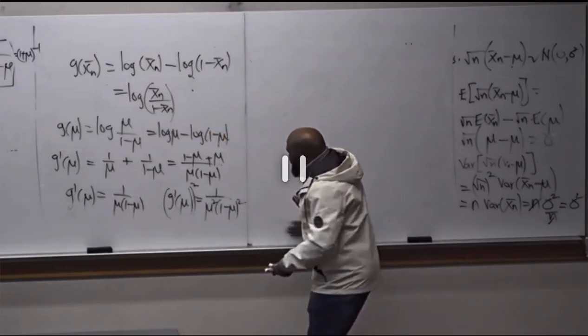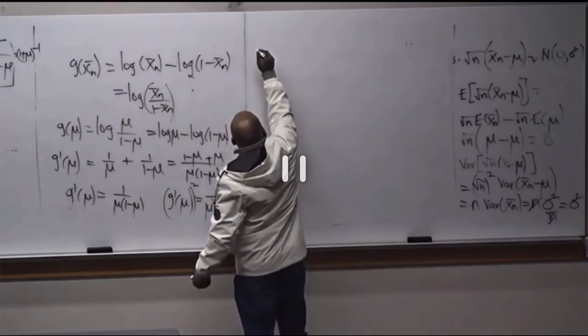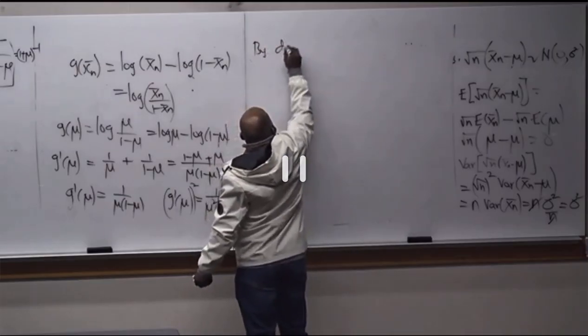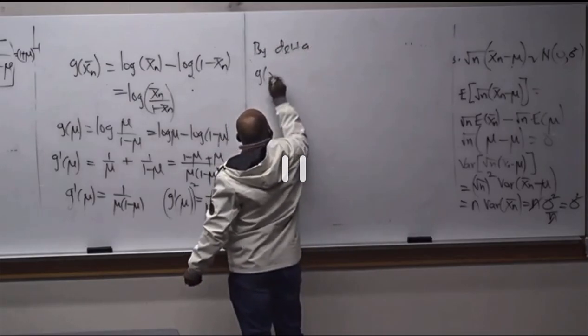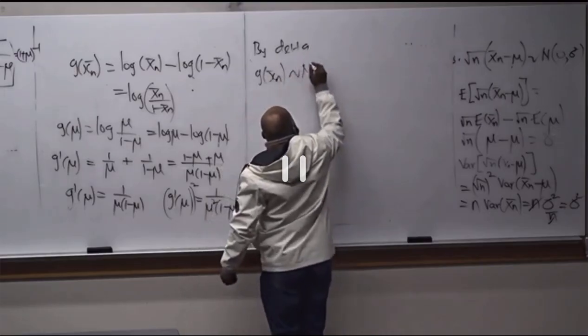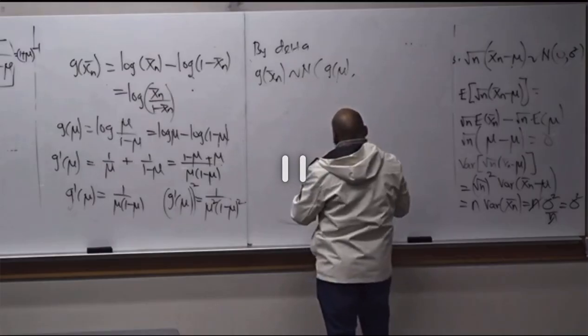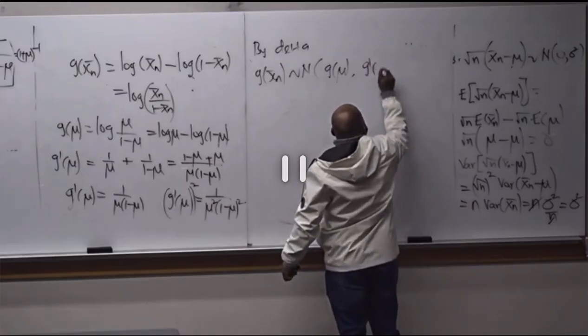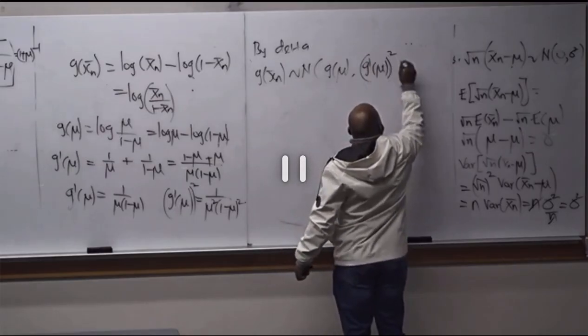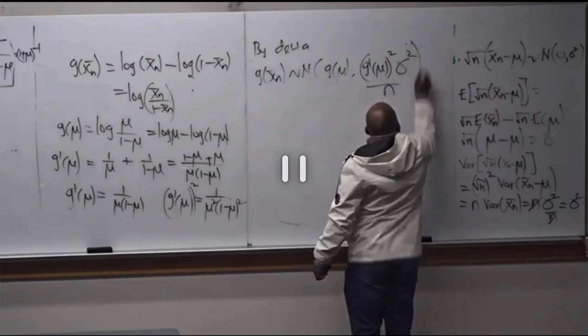Now, by the delta method, G of X bar follows a normal with mean G of mu and variance G prime of mu squared times sigma squared over n.